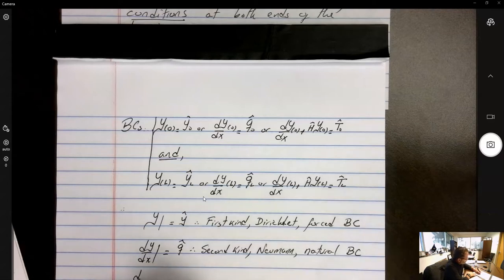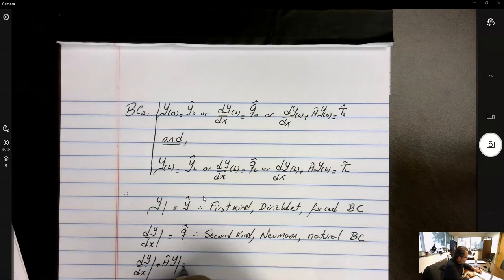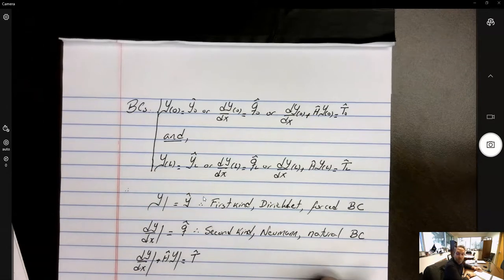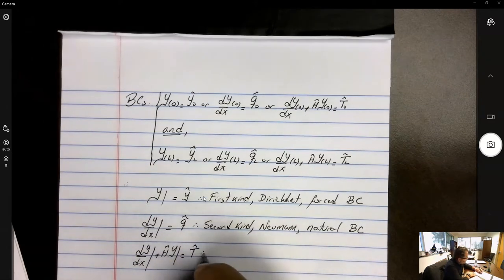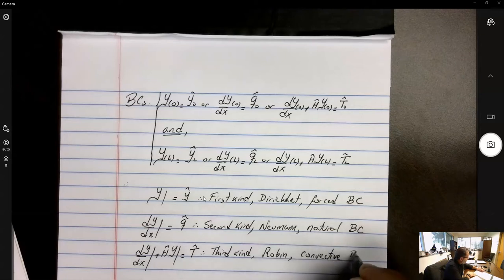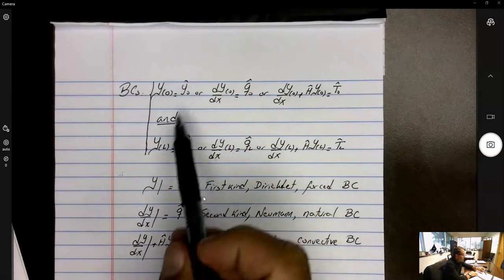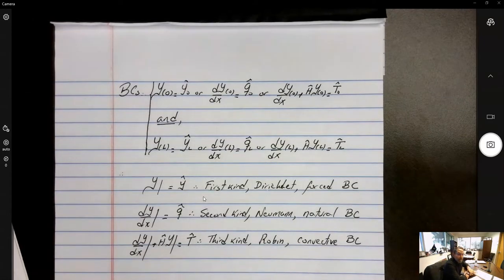Or when we impose the ratio dy/dx plus h y is equal to some given number t, that doesn't have to be a temperature, it's just a given number, this is called the third kind, Robin or convective BC. So we have three possible boundary conditions at each end, which gives you nine possible combinations of boundary conditions at both ends.